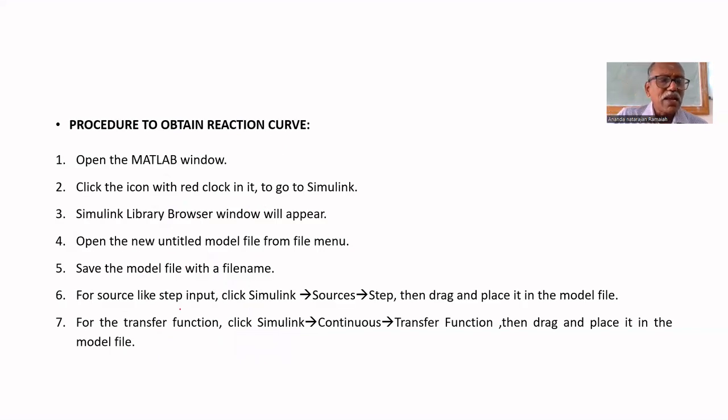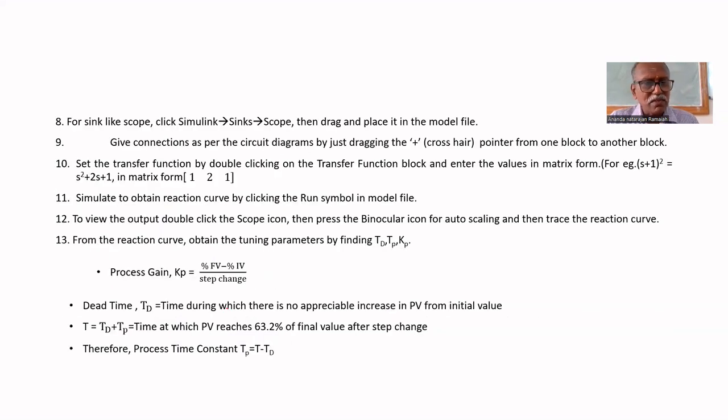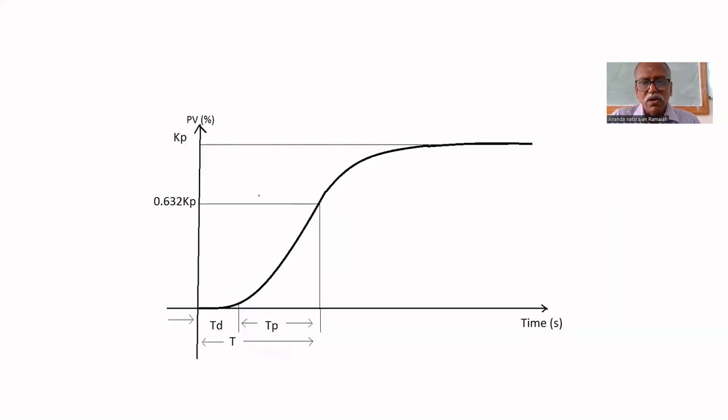The procedure to obtain the reaction curve here is, you cannot understand from the instructions alone, that's why we will see it in the MATLAB environment. Already we know, if the reaction curve is obtained, how to find the dead time.